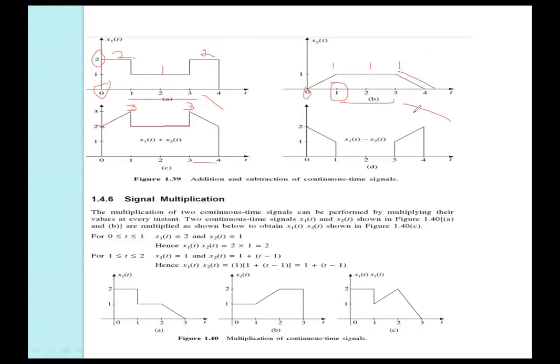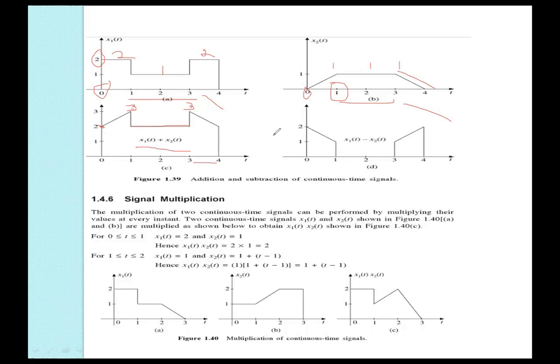And at 4, the value of x2 is 0. At 3.5 the sum is 2.5, and it goes on decreasing, and at 4 the value is 2. So this is the addition, x1 plus x2.